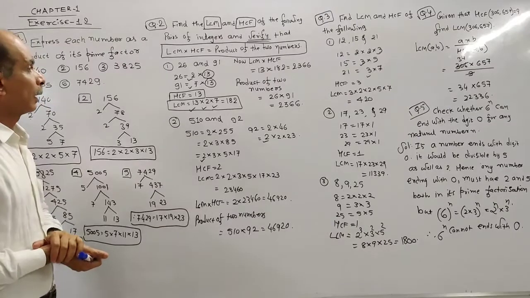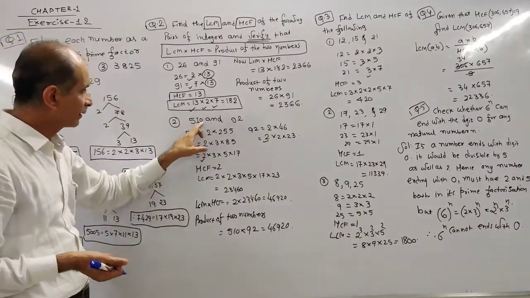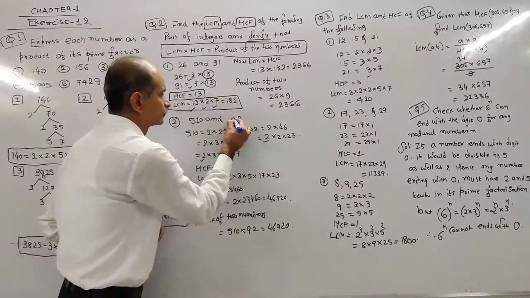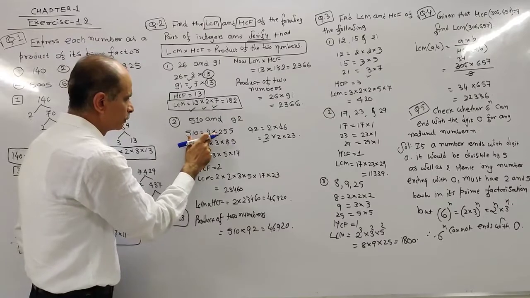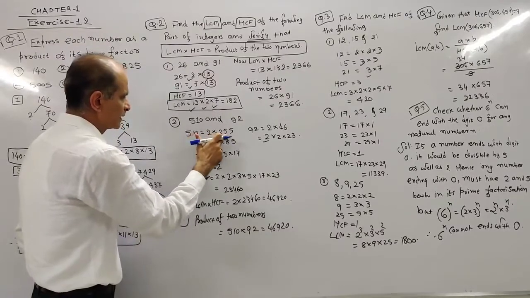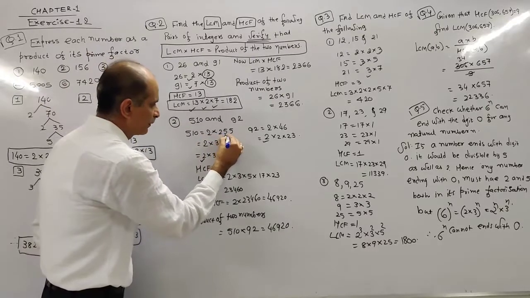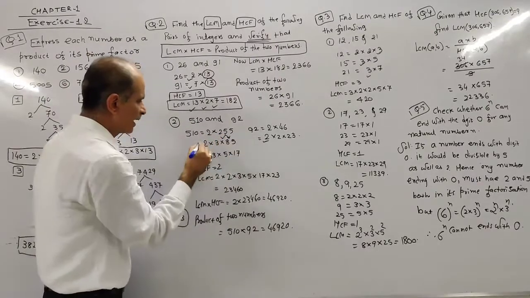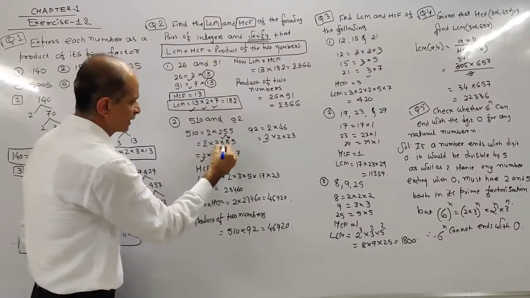Well, let me start another example: 510 and 92. 510, when you divide it by 2, 2 2s are 4, 2 5s are 10. Again, let me divide 255 by 3, 2 as it is. 3 8s are 24, 3 5s are 15.